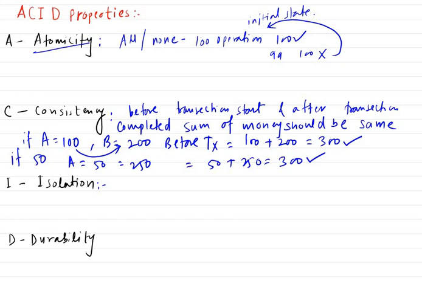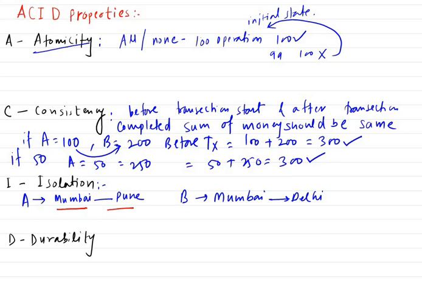During reservation on IRCTC, consider A is booking a ticket from Mumbai to Pune and B is booking a ticket from Mumbai to Delhi. Due to isolation, it is obvious that A will get a reservation from Mumbai to Pune, and B will get a reservation from Mumbai to Delhi.